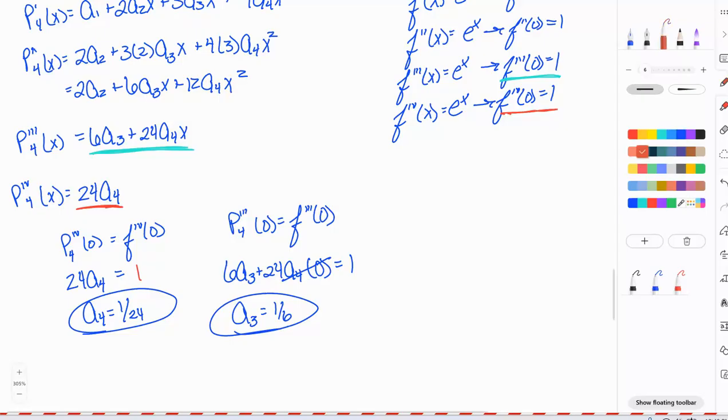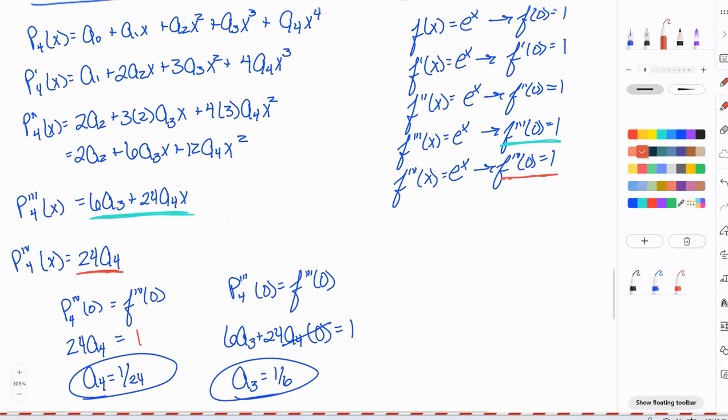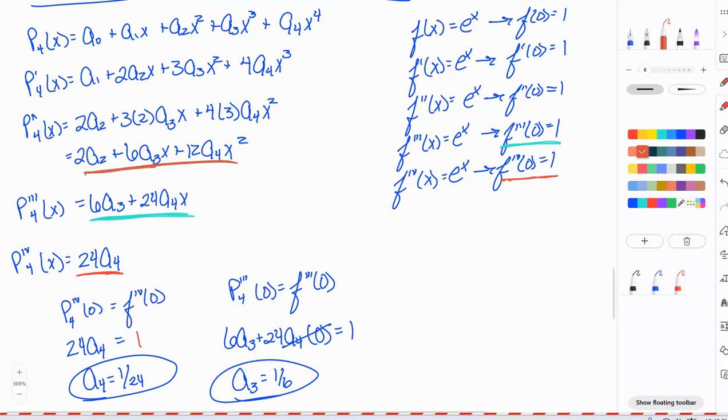And then we're going to do the same thing for that second derivative. So I'm going to have that second derivative value at 0 for the polynomial has to equal the second derivative value at 0 of the transcendental function.